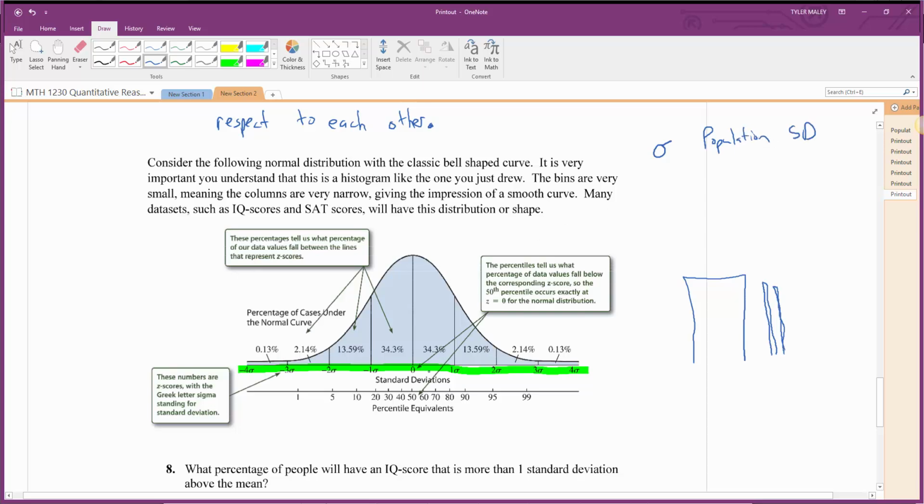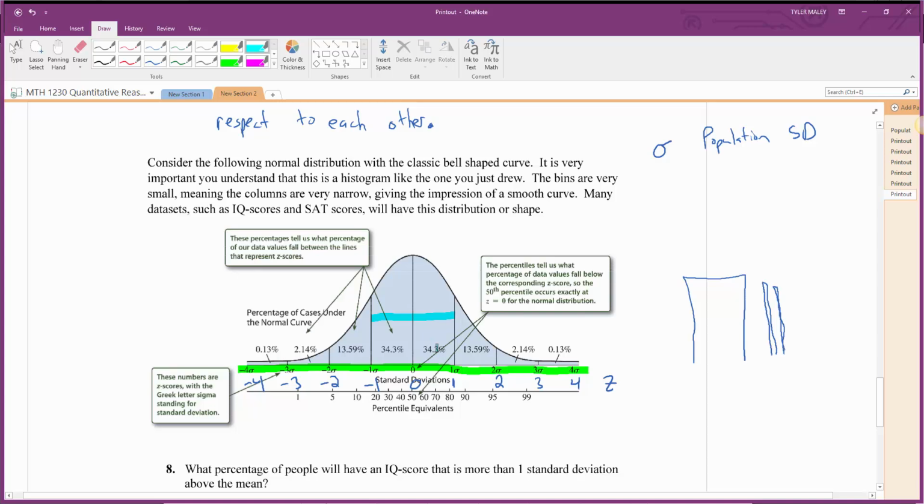So if I'm 1 theta away, this is a Z-score of 1, then a Z-score of 2, of 3, of 4. This will be a Z-score of 0, -1, -2, -3, and -4. So whatever's in front of theta, that's the Z-score.